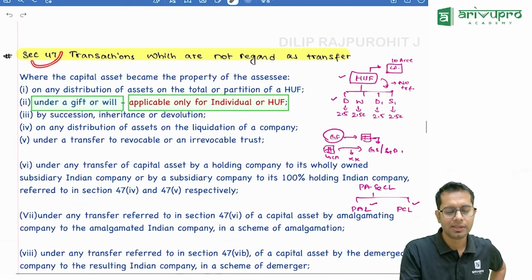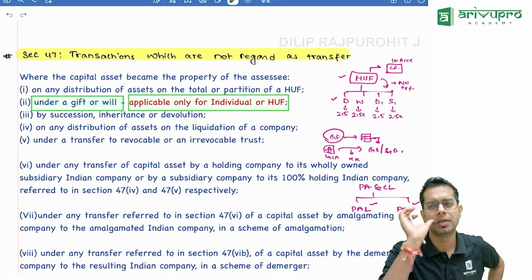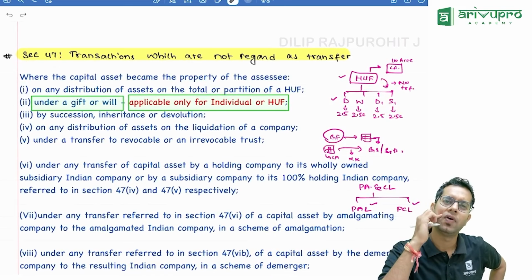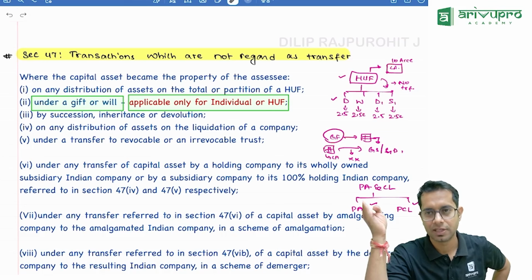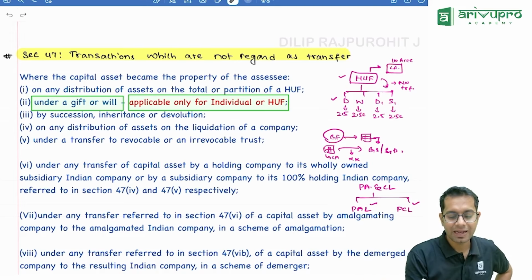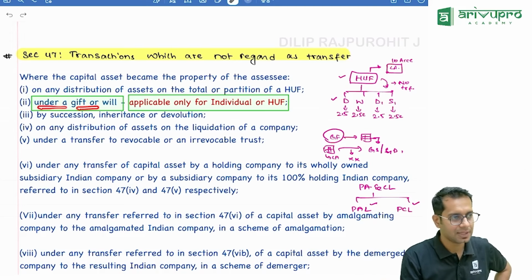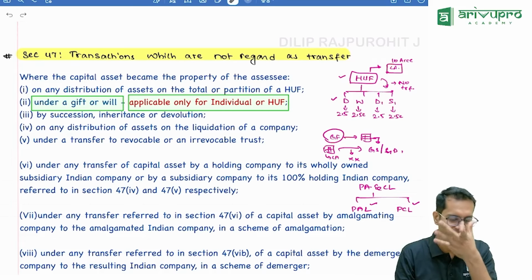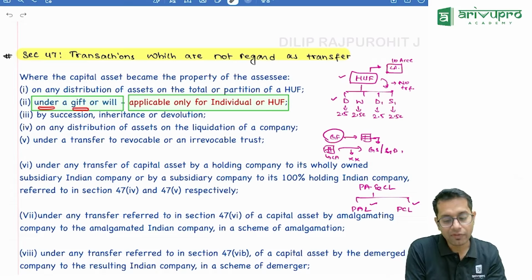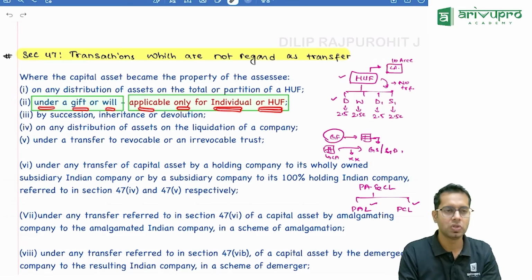Now, we discussed the Simbu Nayanthara or Rakshit Shetty and Rashmika examples, correct? In that case, if you are gifting a capital asset, we saw that gifting is a no transfer case, and cost to previous owner, something like this we take, correct? So now this gift provision is applicable only if the property is gifted by an individual or an HUF.